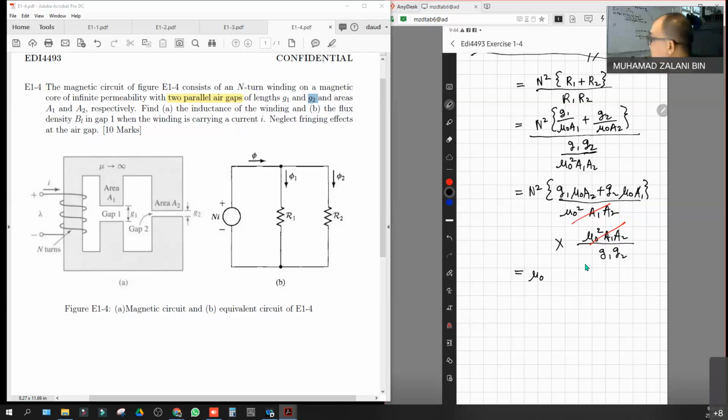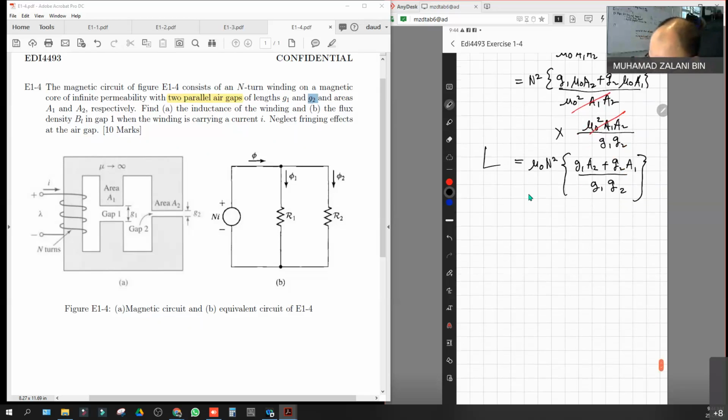We can do some arrangement, take out mu naught, so it becomes mu naught N square. In the bracket, G1 A2 plus G2 A1, divided by G1 G2. So this is actually for L. So finally we get L equals mu naught N square.